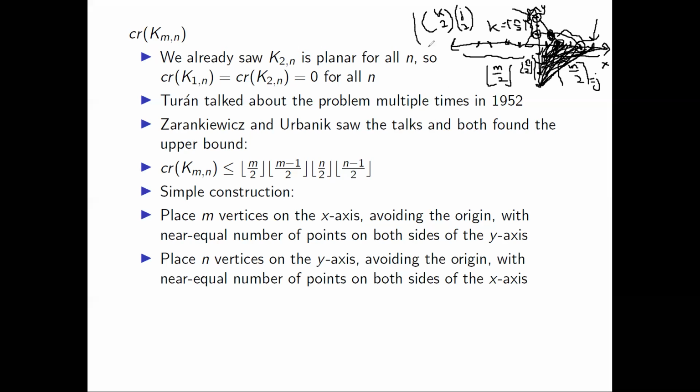And that's our number of crossings for that quadrant. And you just need to count the number of crossings for the other quadrants. And I claim that when you add it up, it gives you this quantity in this bound right here. So this upper bound that Zerankowicz and Urbanik found.